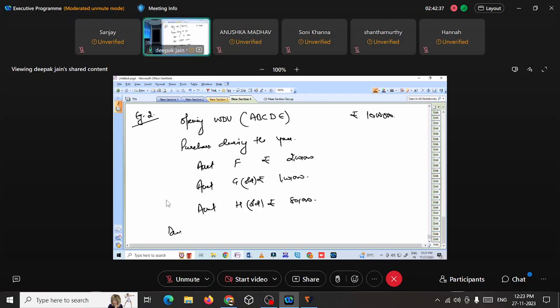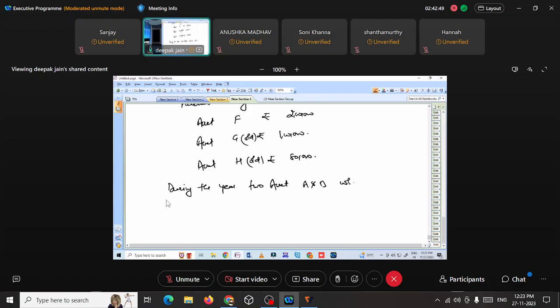During the year, 2 assets A and B, whose actual cost was rupee 5 lakh, are sold out for a sum of rupee: Case 1, 3 lakh.